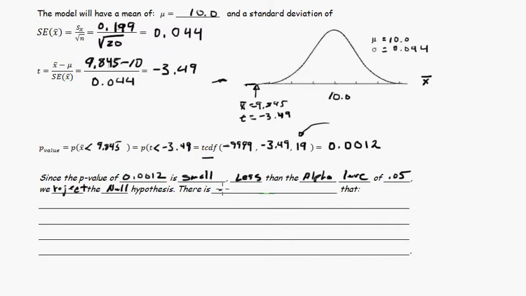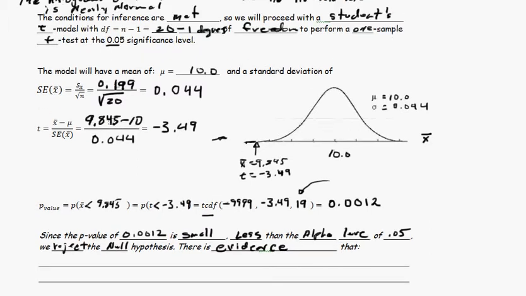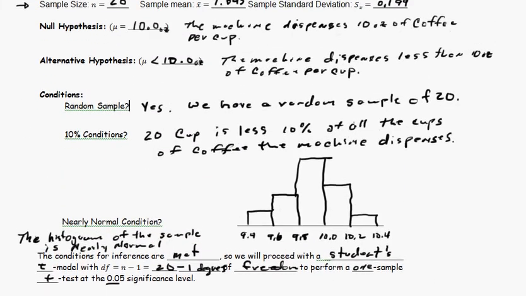There is evidence that, and now I put all this work into my alternative, I might as well use it, that the machine dispenses less than 10 ounces of coffee per cup.